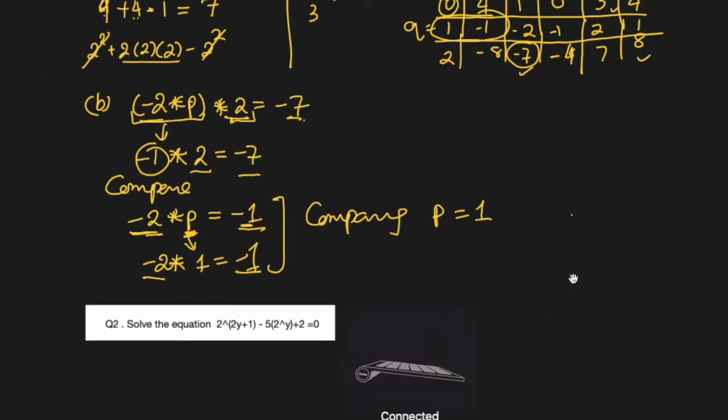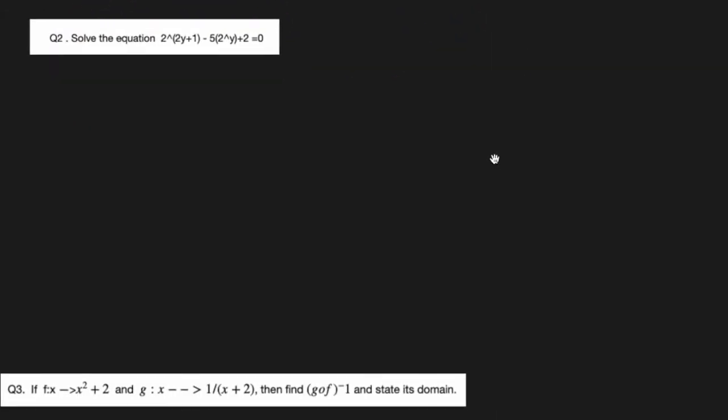Okay, next solve this exponential equation. So let me write it properly. 2 to the power 2y plus 1 minus 5 times 2 to the power y plus 2 equal to 0. So you can see here 2 to the power y, and here also it is 2 to the power y somehow.